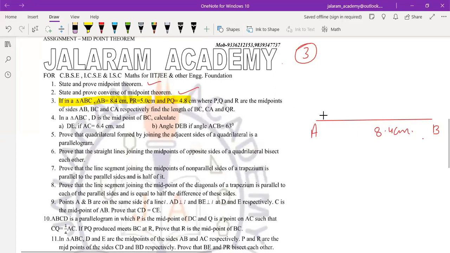PR equals 5 centimeter. P is the midpoint of AB. It is given that P is the midpoint of AB, so mark it.